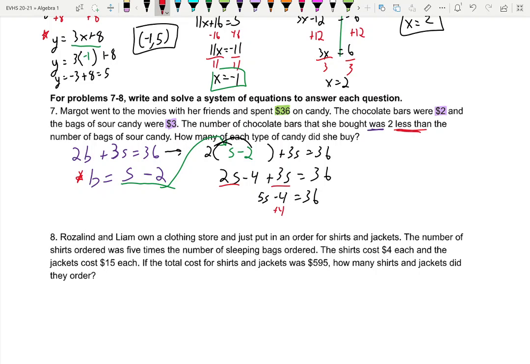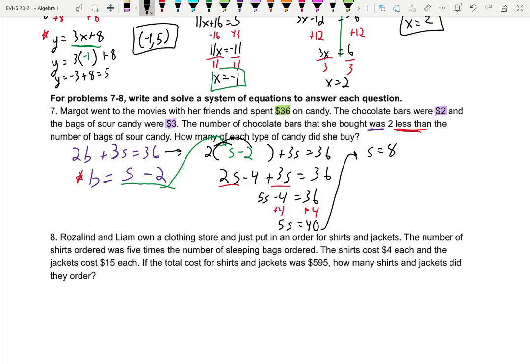Now let's add 4 on both sides. And so that's 5s is equal to 40. Oh, I said s and wrote x. Now, I'm out of room here, so I'm going to jump up to the top, but divide both sides by 5, and we get s is equal to 8.